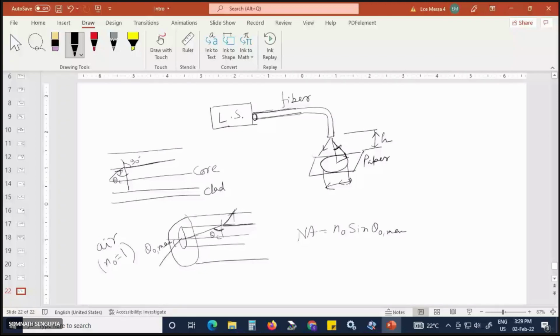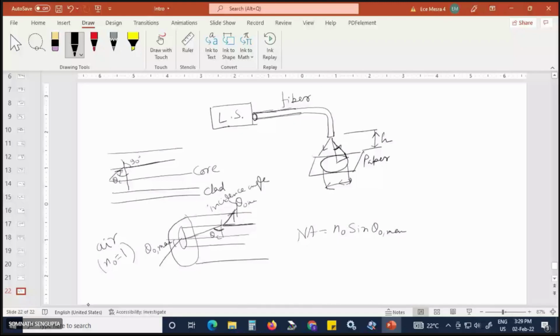It will not be totally internally reflected. For an incidence angle greater than theta 0 max, light will go out from the core. It will not be confined.